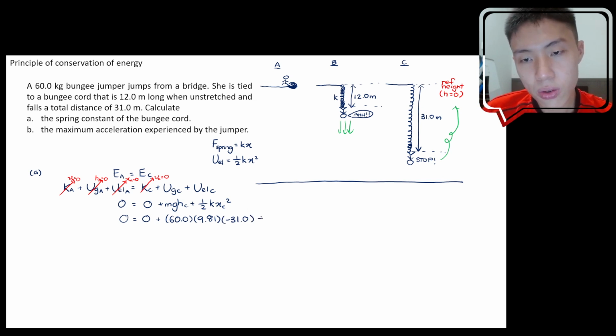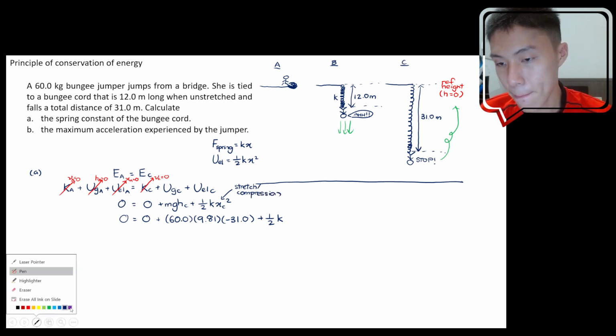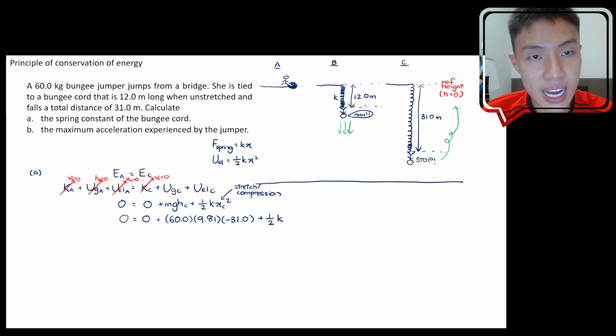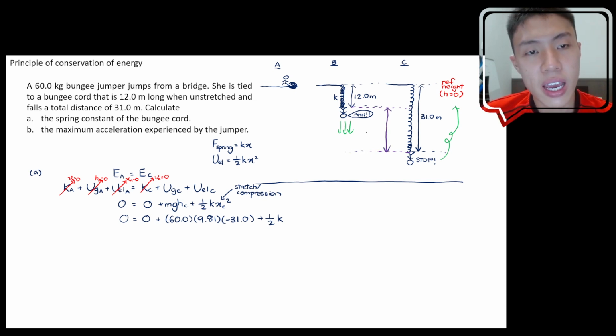Okay, continue, plus half k. k is what we want to find. But x over here represents how much stretch or how much compression happens. So if we look into the situation, this is the unstretched length, whereas this is the stretched length. The difference will be this length over here, and you can measure it, it will be 19 meter.